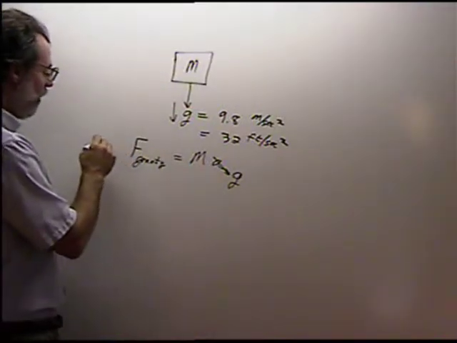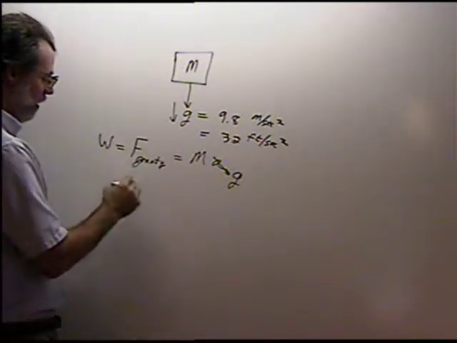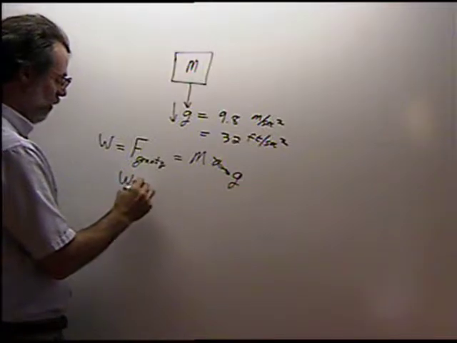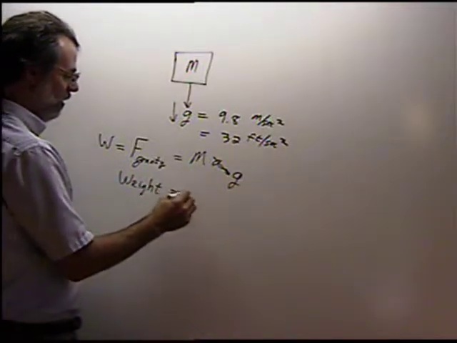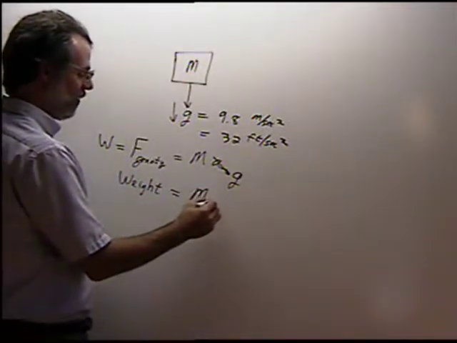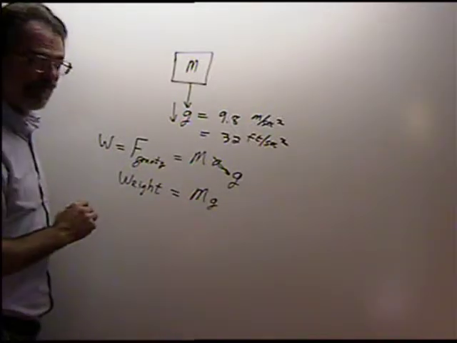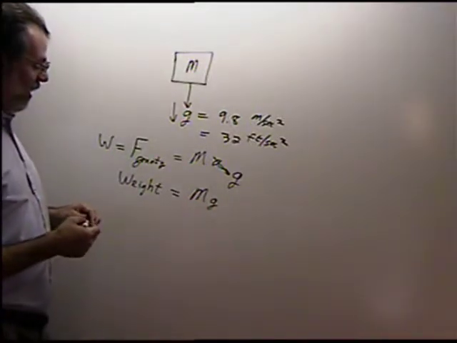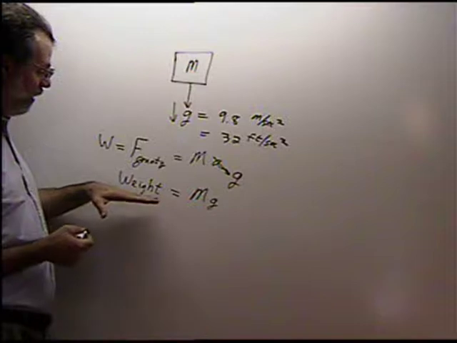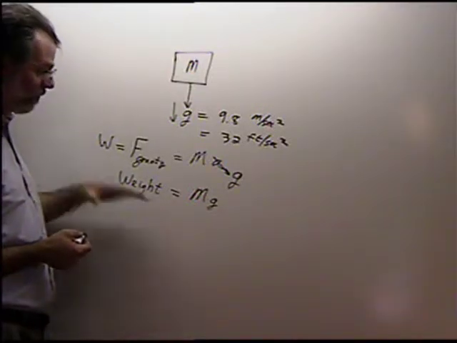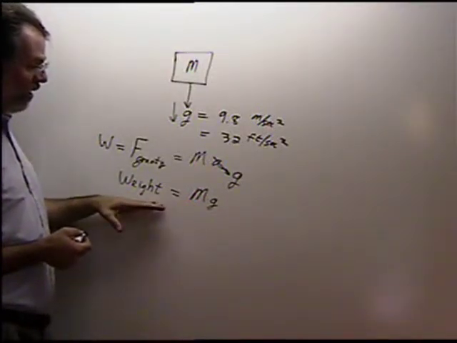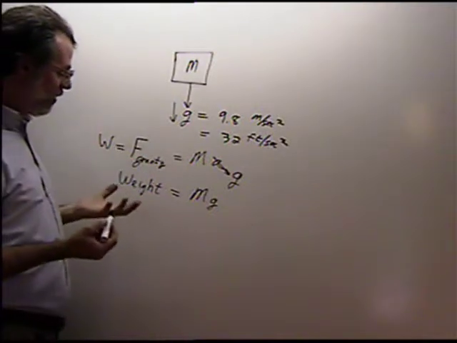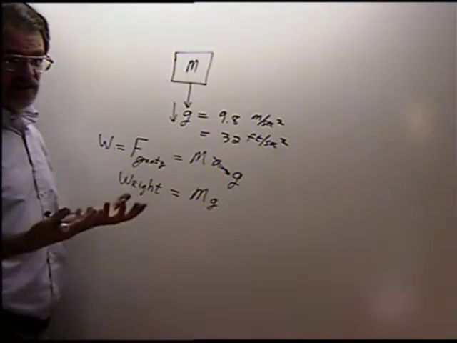So the force of gravity is what we call weight. So the weight is the mass times the acceleration of gravity. And so this weight is a constant force that acts on everything.